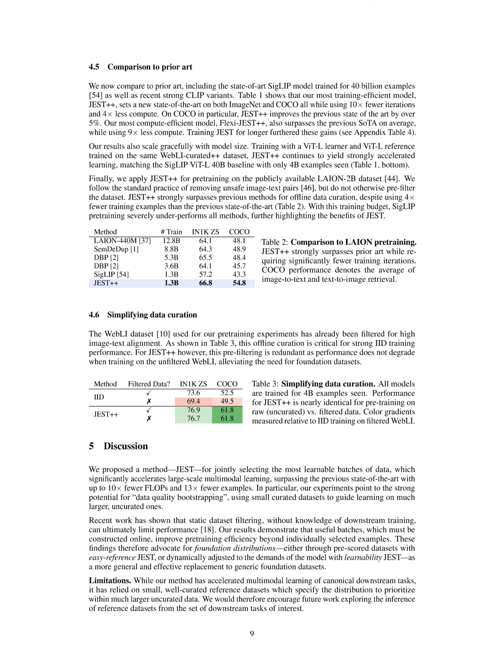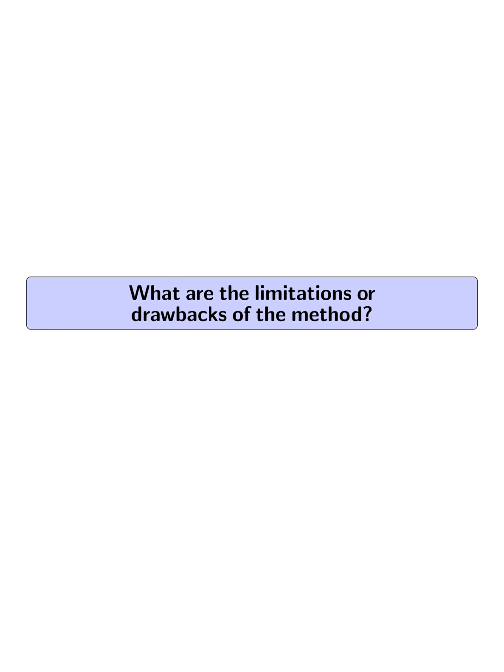Additionally, the most compute-efficient model, FlexiJEST++, also surpassed the previous state-of-the-art on average while using 9 times less compute. These results demonstrate the effectiveness and efficiency of the JEST method in accelerating multimodal learning and achieving state-of-the-art performance with reduced computational resources.